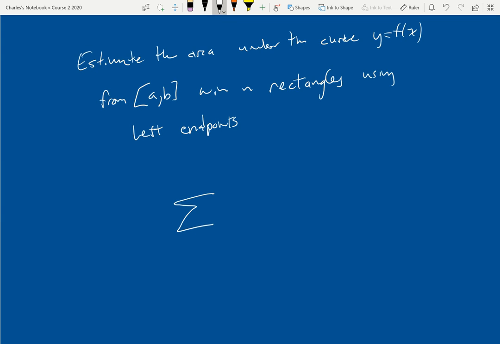Well, for each of those rectangles, I need to know the width of the rectangle. So that's going to be b minus a over n. You can sort of think of b minus a over n as this width, like the amount that the function is jumping each time, or delta x. We'll come back to that, but I'm going to say b minus a over n is the width of the rectangle times what's the first rectangle that I'm going to have to start at?